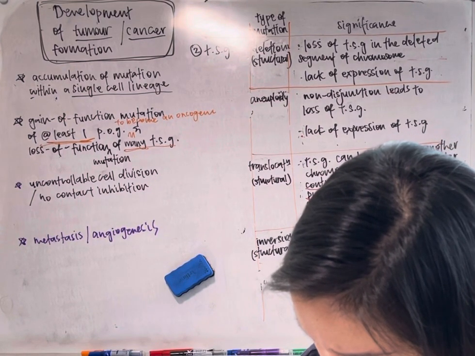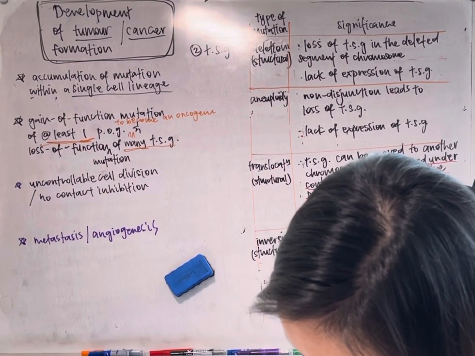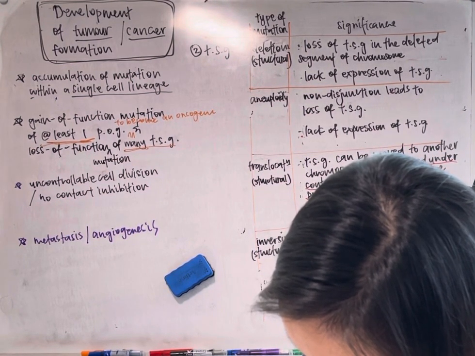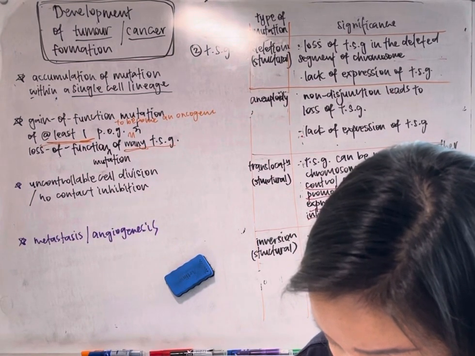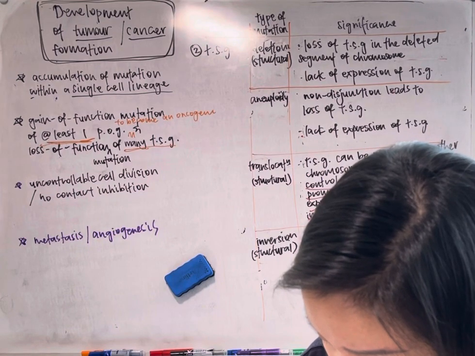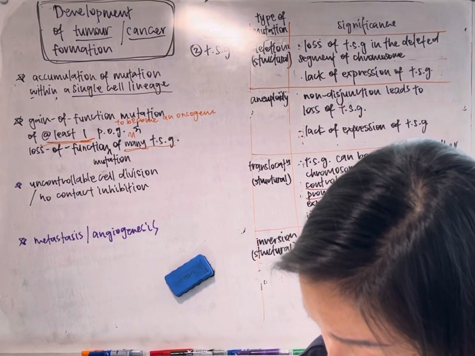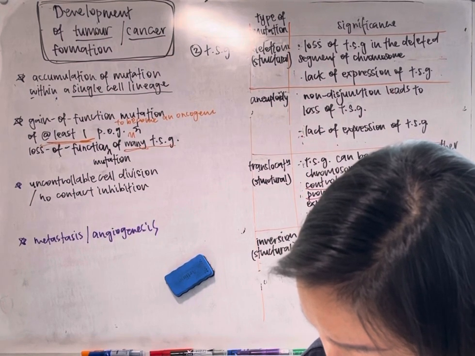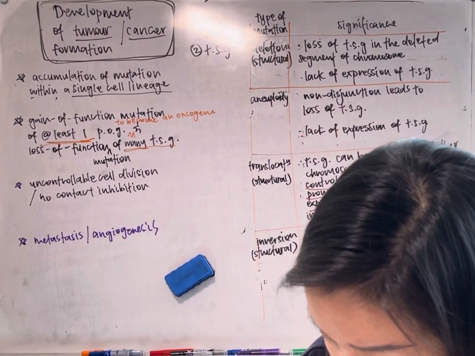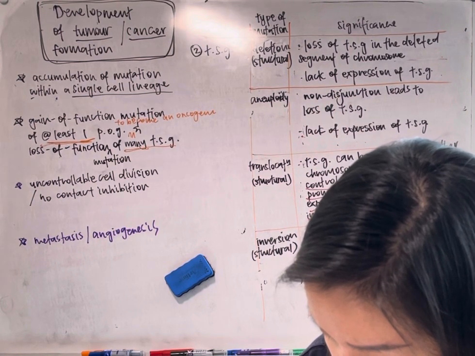Next one, you say DNA is double-stranded, cell repair mechanism can use the other strand as a template to repair the mutated DNA. No, the idea is that we already have the mutation, right?